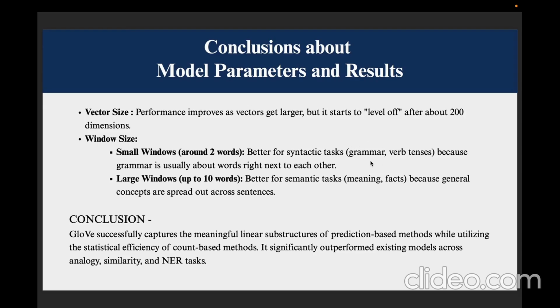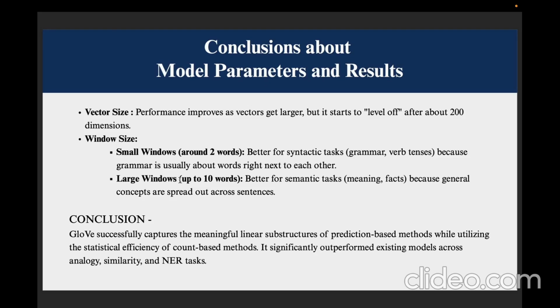Because we know that usually when a person makes a grammatical error, it has to be one word before or one word after, or else the grammatical mistake would be in reference to a very different word, which is why a smaller window of two words is helpful for catching these kinds of errors.